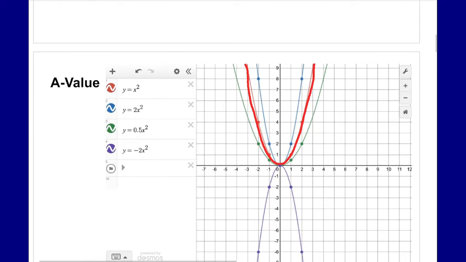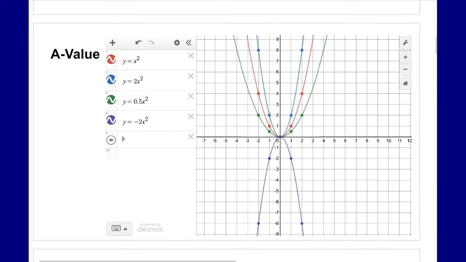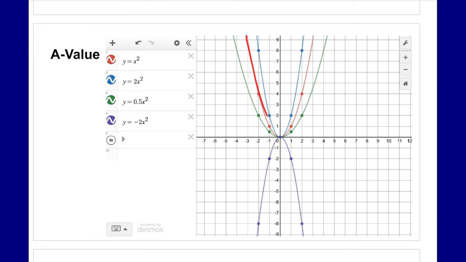The first one we're going to look at is the a value. Through our Desmos investigation, you would have looked at the following graphs. Our first one that we typed in, y = x², or f(x) = x². This is our main graph. How do the other graphs change?